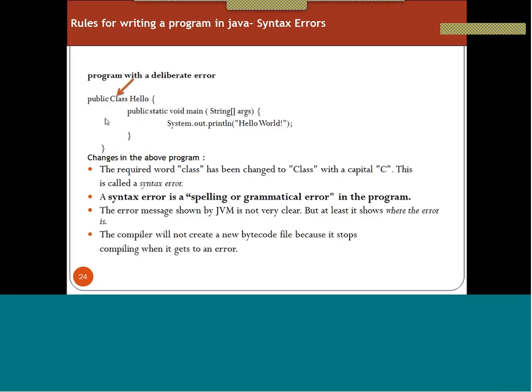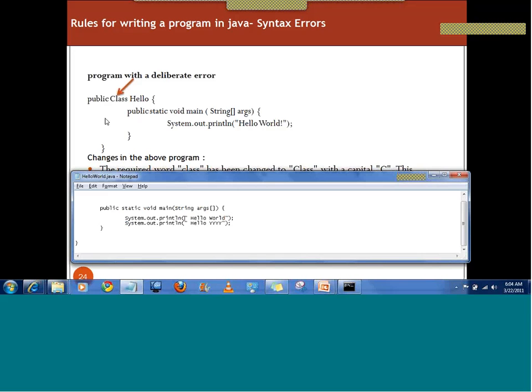The compiler will not create a new bytecode file, it stops compiling when it gets to an error. So what happens when you apply the javac command on a program which has a syntax error? Will it generate the .class file? No, it will not generate any .class file. We'll see that.